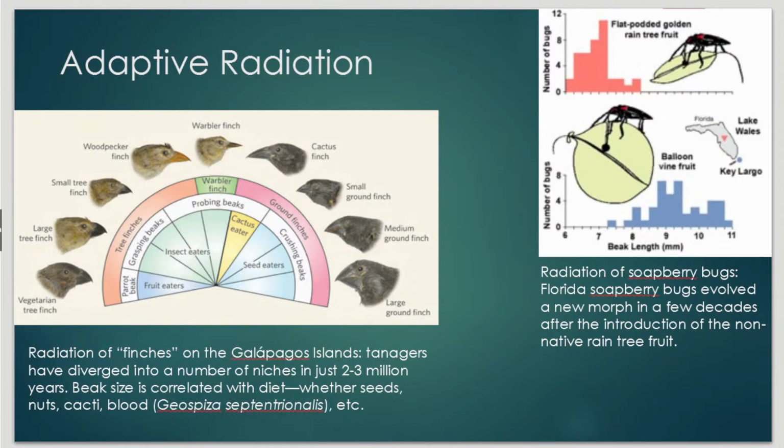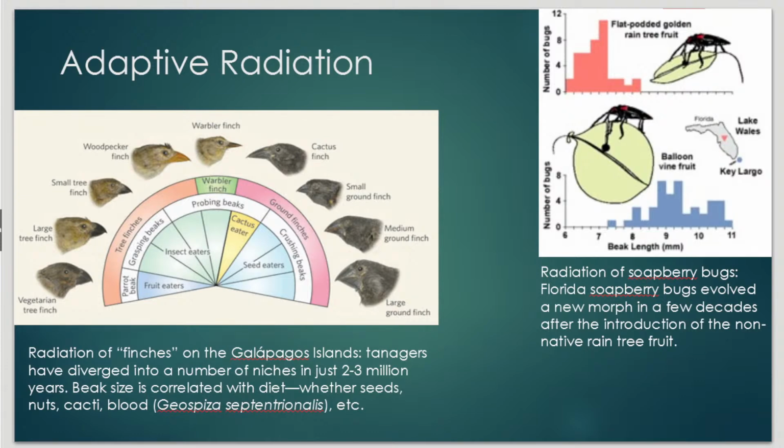And on the other side, this is actually a really cool one. On the right are the soapberry bugs, because their beaks elongated when a new fruit was released into their home. You have the balloon vine, which is not native to the United States. I think it was introduced from China, if I remember correctly.